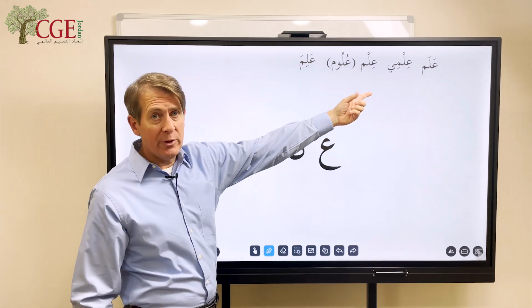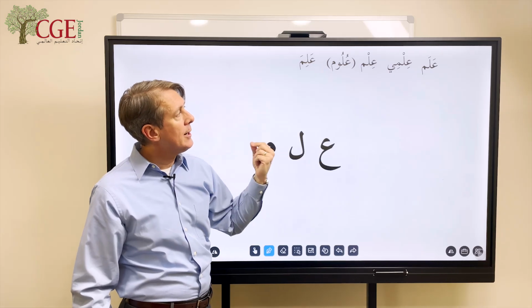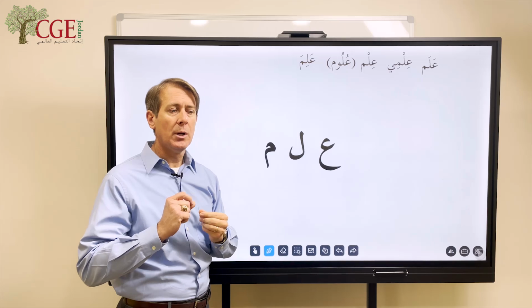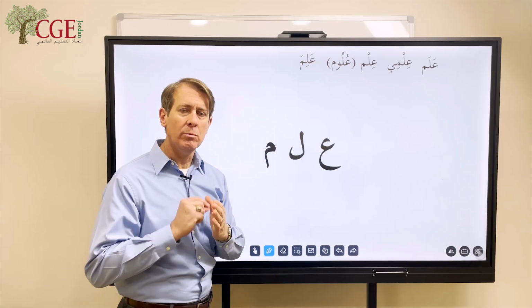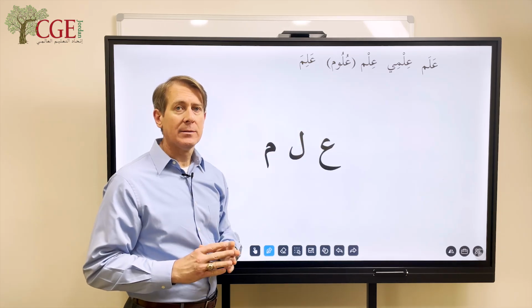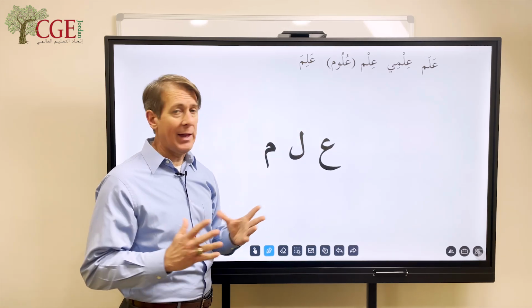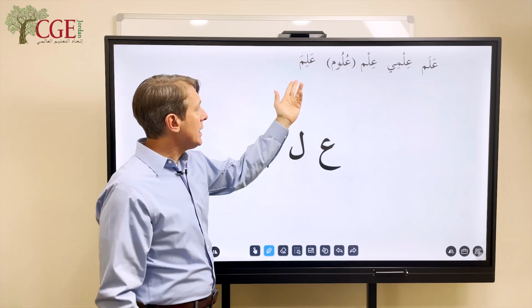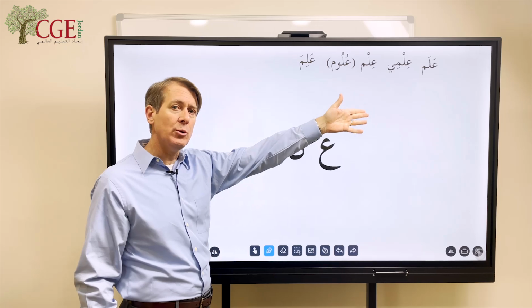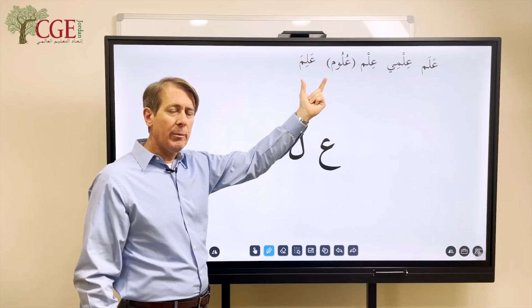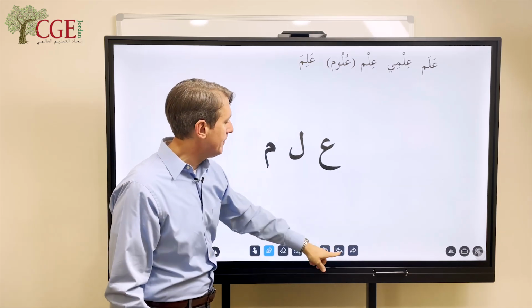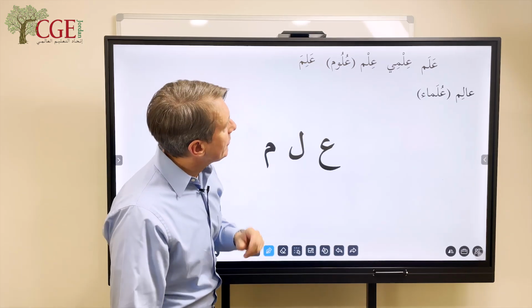The second tendency of meaning for this particular root is marking, to mark, okay? So alam actually means flag. Alam means flag, the flag of a country. And by the way, knowledge and this marking or flag, both tendencies of meaning, are actually connected in some way. We'll see that in just a minute. All right, so flag is alam.